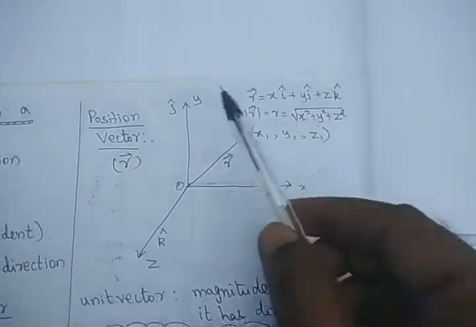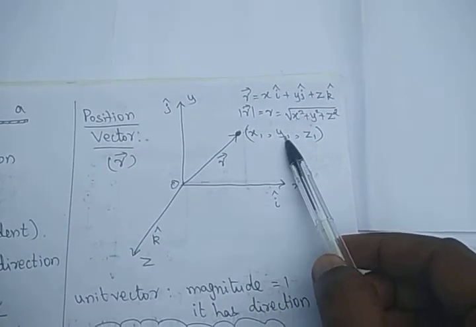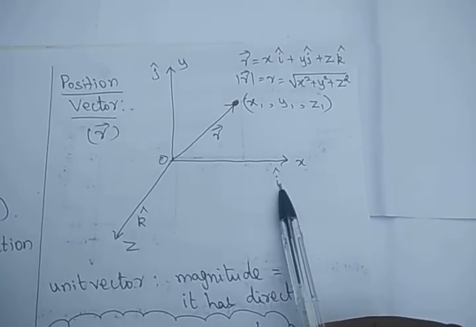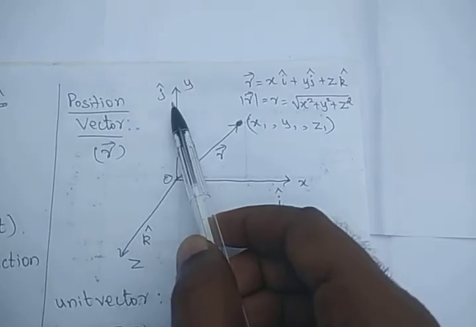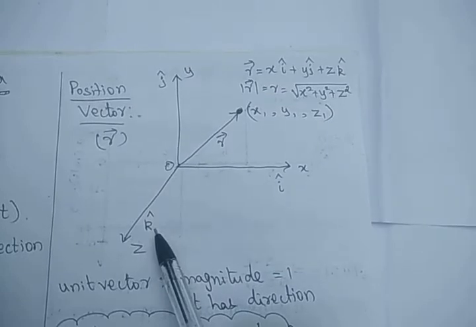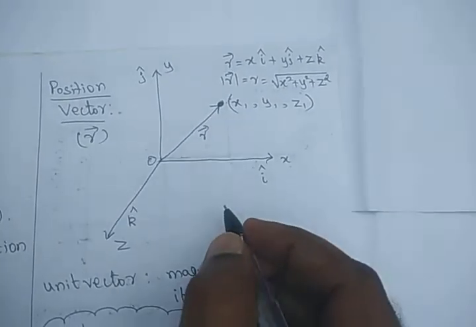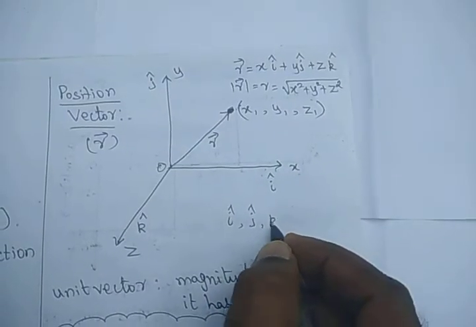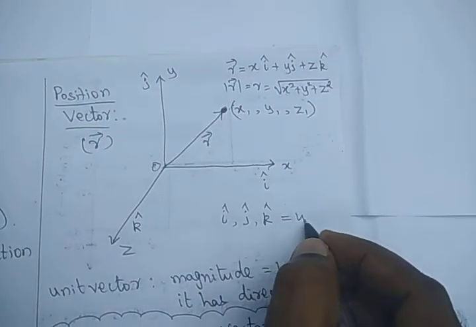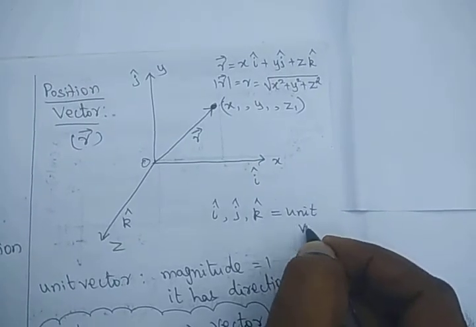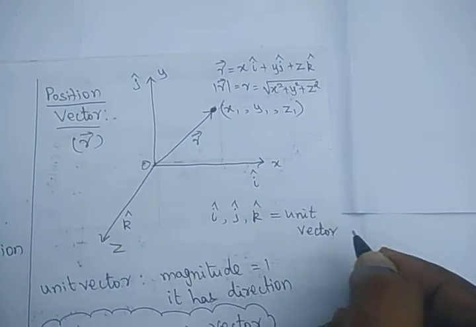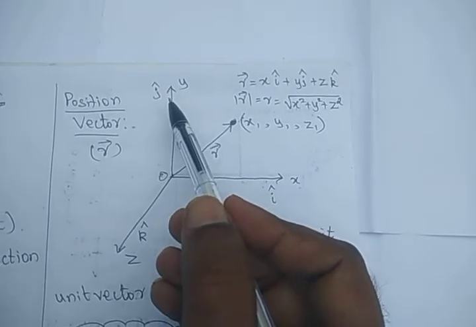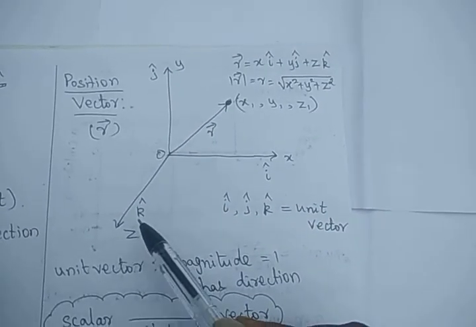If you want to change the position x, y, z into a vector quantity, just multiply the x-axis with i cap, the y-axis with j cap, and the z-axis with k cap. So i cap, j cap, and k cap are unit vectors. We represent the x-axis as unit vector i, the y-axis as unit vector j, and the z-axis as unit vector k.